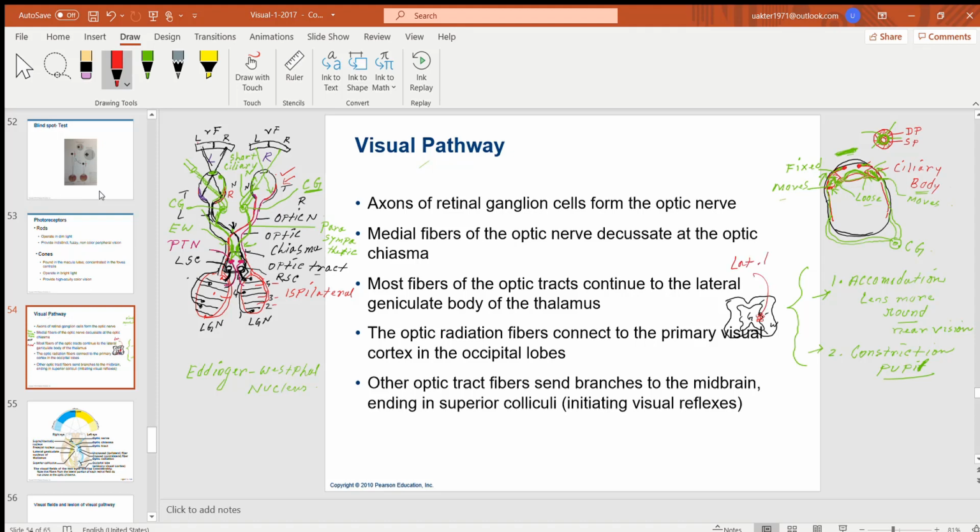The lateral horn of the gray matter has the neurons, and these are the sympathetic neurons. The axons of these neurons will go to the sympathetic ganglions.